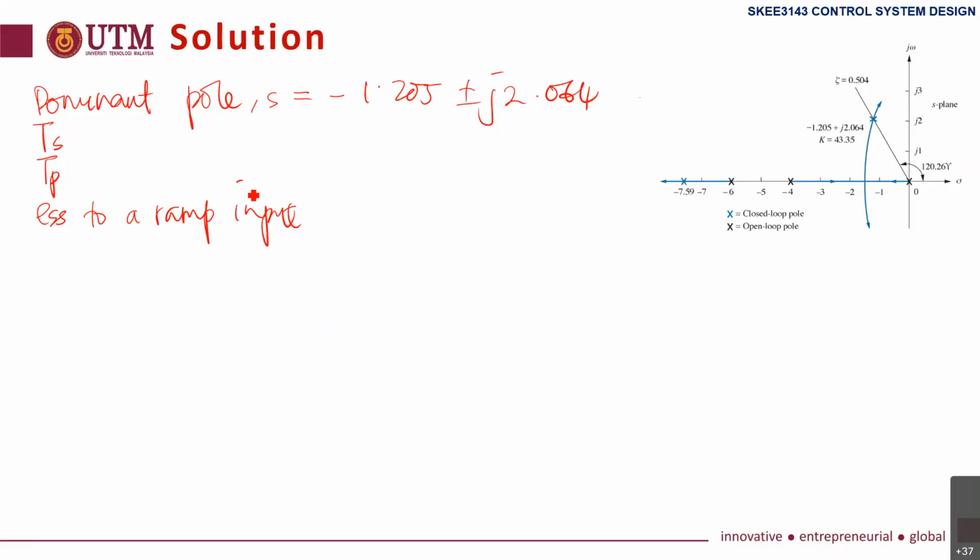Now find TS, TP, and error to a ramp input. The value here is given, including K, K equals 43.35. We have done this yesterday.